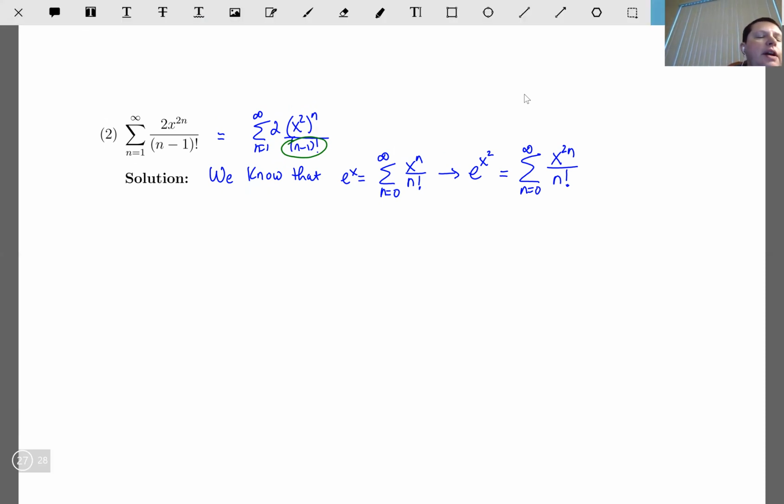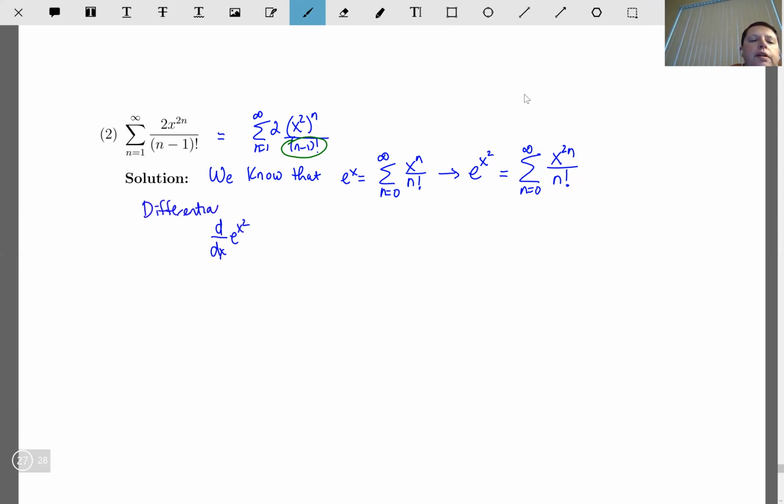And so the next thing we might think of is taking the derivative of both sides. So we're going to differentiate both sides. And so that's going to give me, right, when we differentiate, we move the derivative inside.